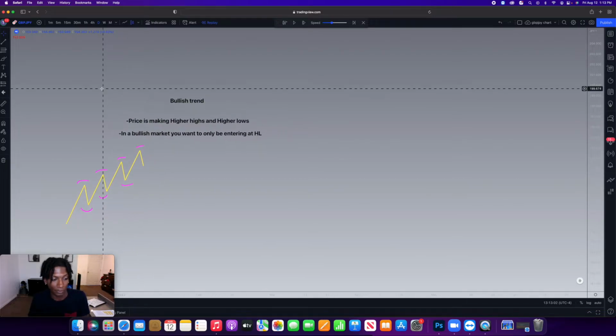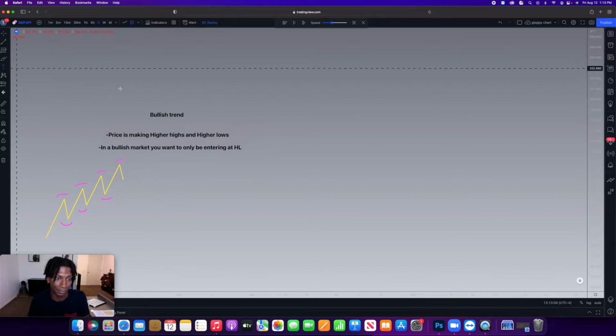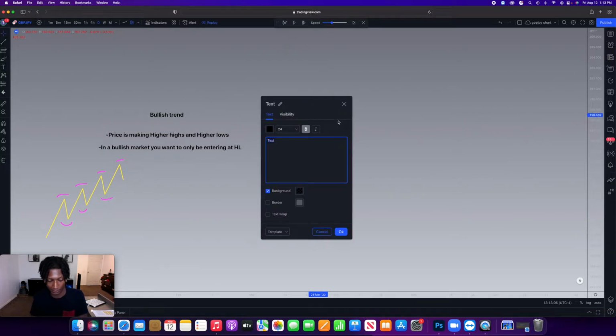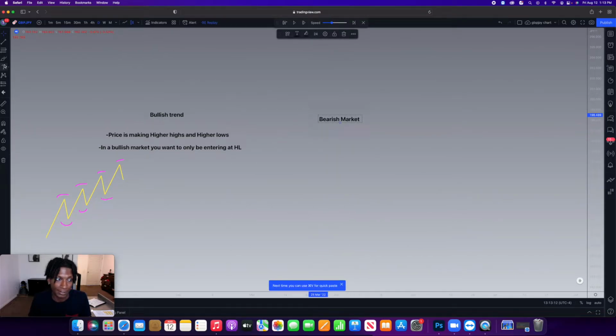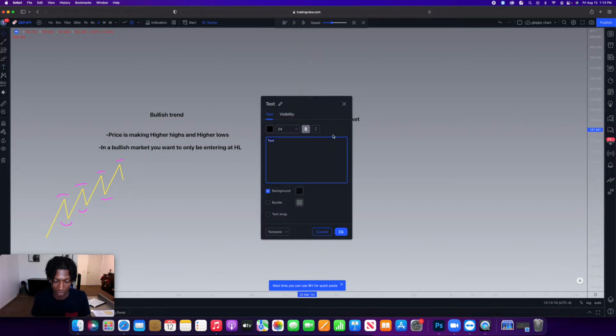Now, on the vice versa side, the next market that we trend within is a bearish market. And in this market, you will see lower low points. Let me just spell it out for y'all. Lower lows and lower highs.